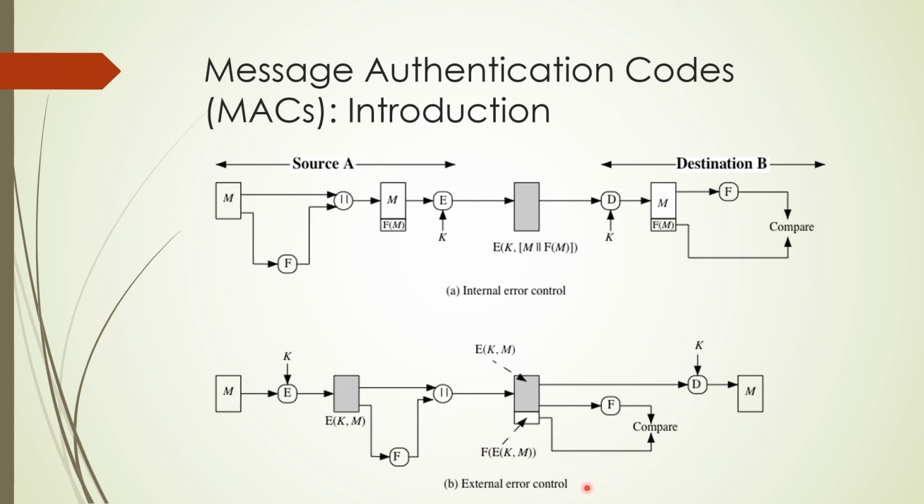If they're equal, then the message is authenticated. Then you can retrieve the message by applying the decryption algorithm with the same key as the sender, to reconstruct the original plaintext.